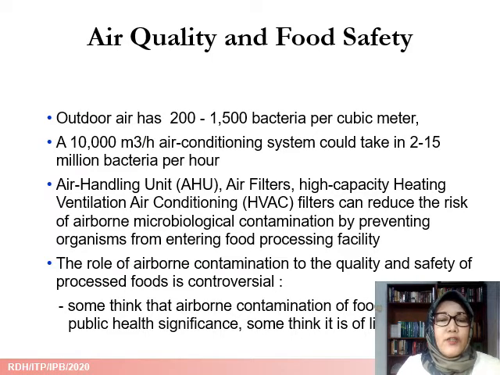Therefore, food industries use air handling units, air filters, and HVAC filters to reduce the risk of airborne microbiological contamination by preventing microorganisms from entering food processing facilities. However, the role of airborne contamination in the quality and safety of processed food is controversial. Some think that airborne contamination of food is of public health significance, but some don't.